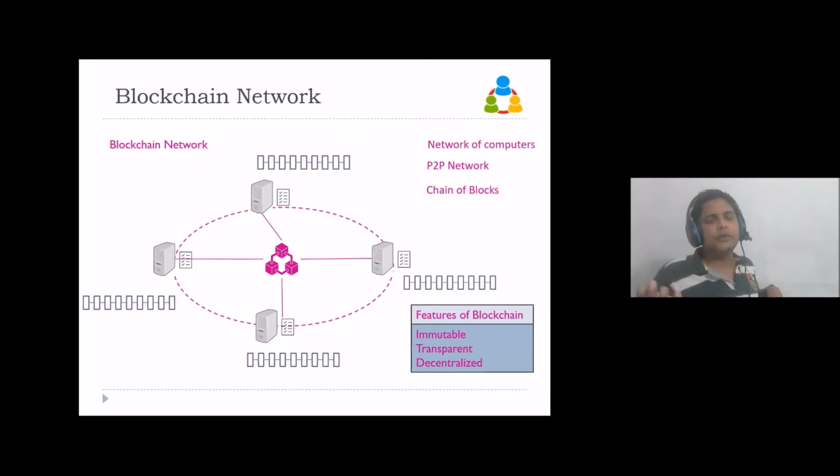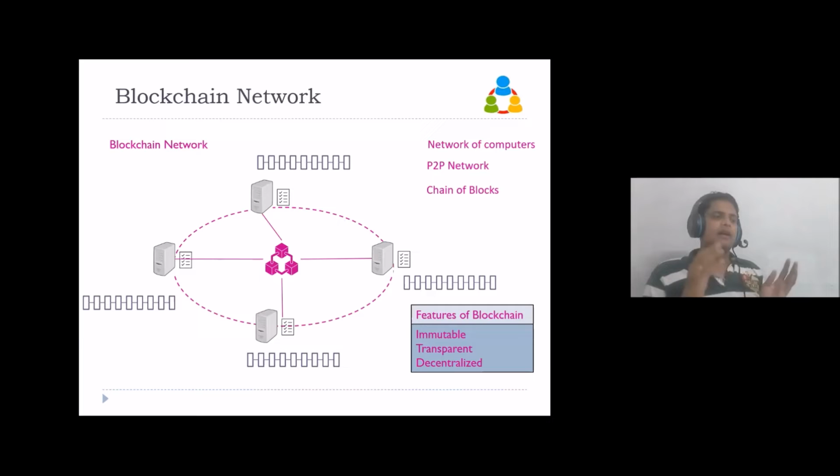Another primary feature, which I would say, is that a blockchain is transparent. The blockchain network is transparent because every transaction or every record we are writing onto the blockchain will be known to all the computers in that particular network. Everybody in that network will know about that particular transaction.